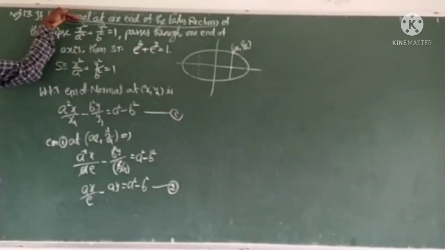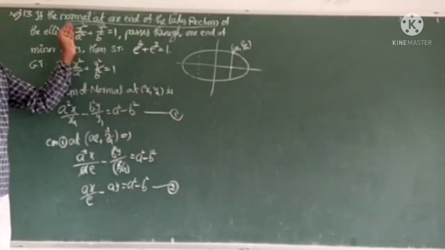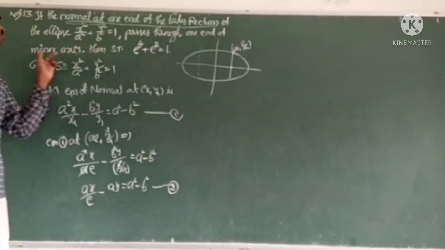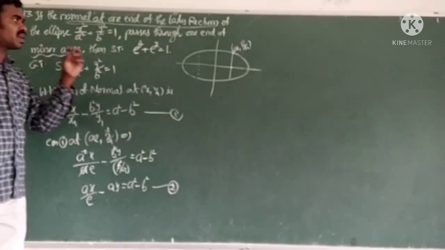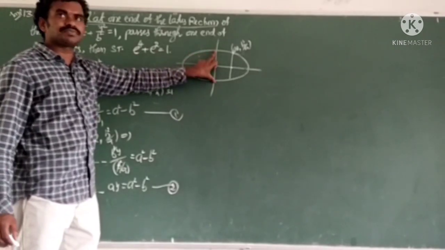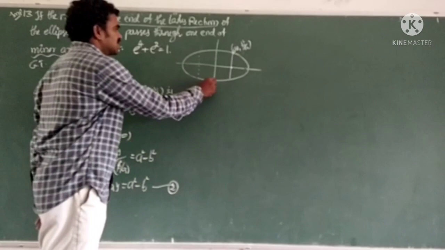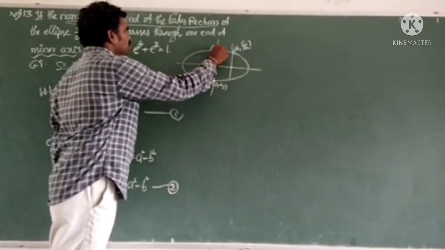Then see the question again. Okay, the normal equation is obtained at the latus rectum end point. After that, the normal equation passes through one end of the minor axis. So what is the minor axis? This is the minor axis. One end is here and another end is this one, the minor axis end. So this is (0, -b), this is (0, +b).